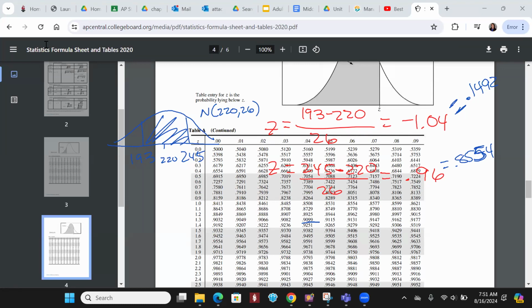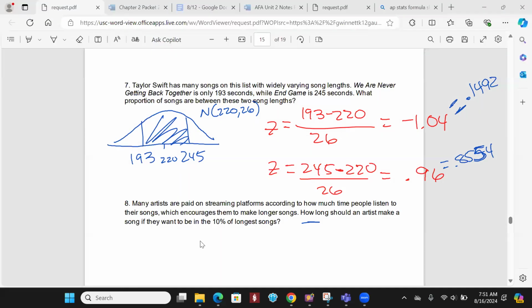Okay. So going back to my other page. You're going to subtract those two. So you'll get 0.8554 minus 0.1492. And what does that give us?